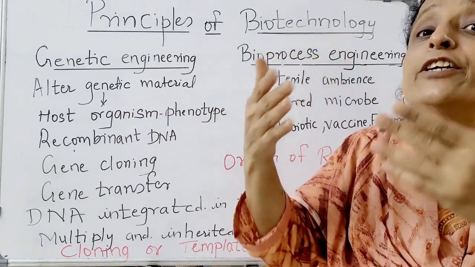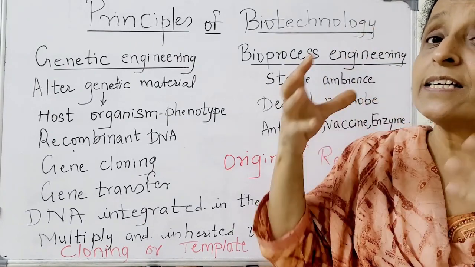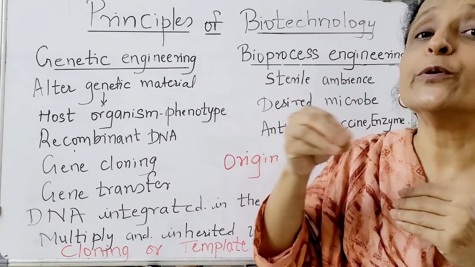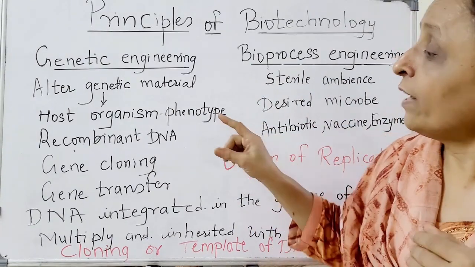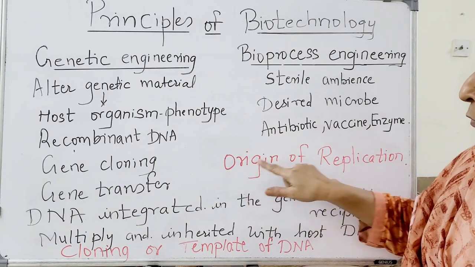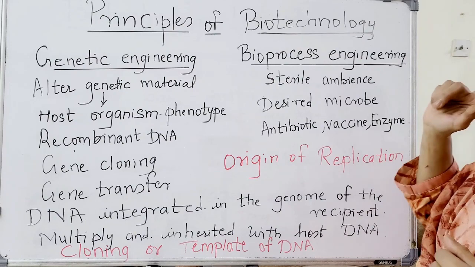It gets mixed with the genome. It gets attached to the genome and a new genome is formed. So it gets integrated with the new genome only when you introduce it at the origin of replication.